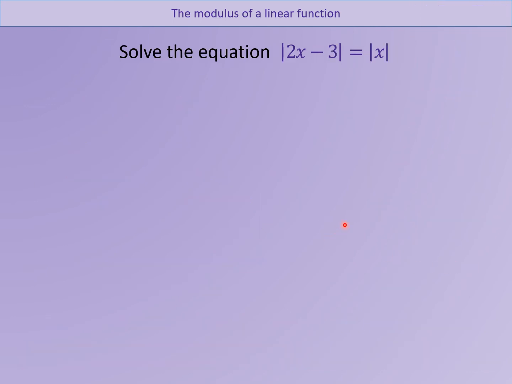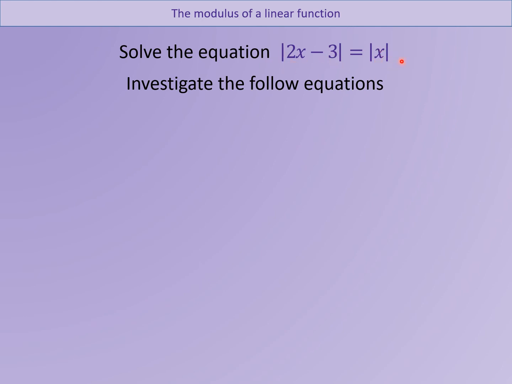Okay, so solve that. You might want to do exactly what the previous slide said. Do a quick sketch, see how many solutions you get, and think about how you go about solving it. Because if you're going to solve it, the problem is because you've got two modulus functions, which ones do you make positive and which ones do you make negative? And you would be right in thinking, isn't there 4 possible ways of doing it?